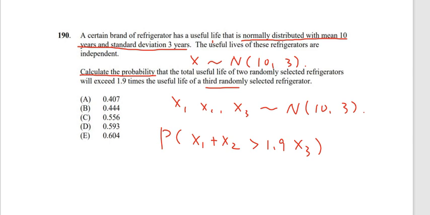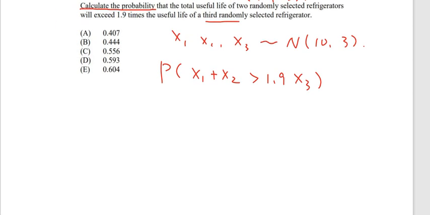So we just change this to x1 plus x2 minus 1.9 x3 larger than 0. We want to find this probability.